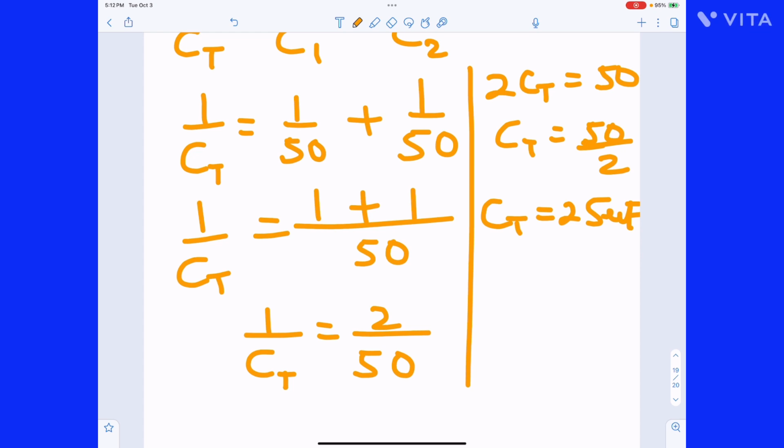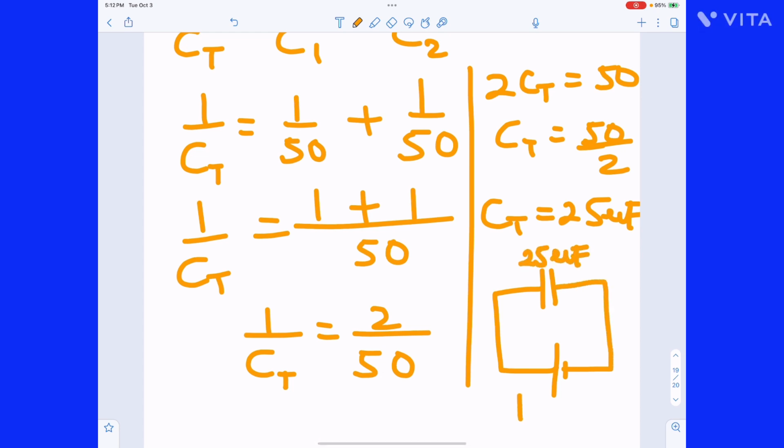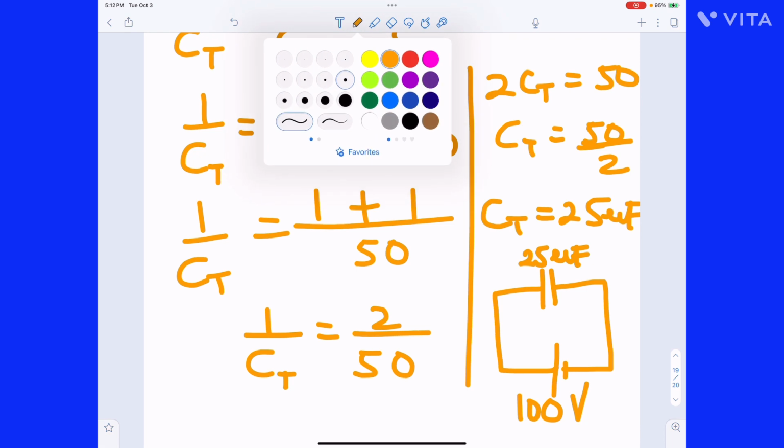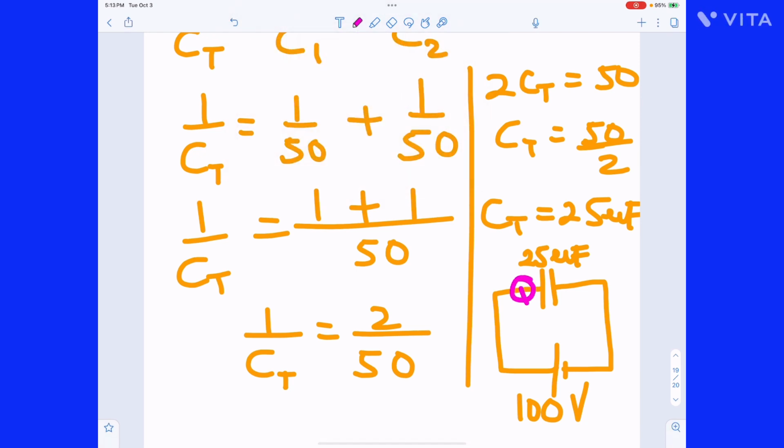So let's now assume that you just have a 25 microfarad capacitor connected to a 100 volt battery. How will you get the charge on this capacitor? That's what we now need in our question. How will you get the plus or minus charge?